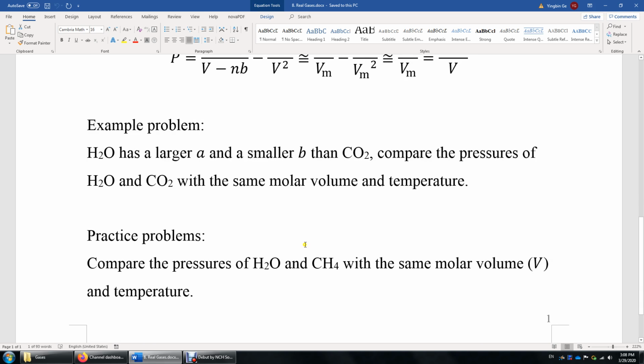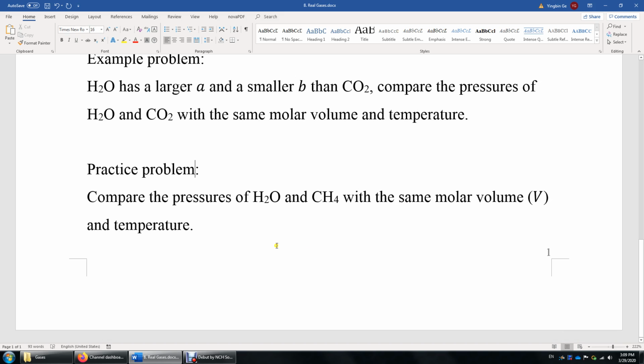Now I'll let you work on one practice problem. Let's compare the pressure of water and the pressure of CH4. Again, they have the same molar volume and same temperature. I did not provide an answer here, but you can still easily compare the size of these two.